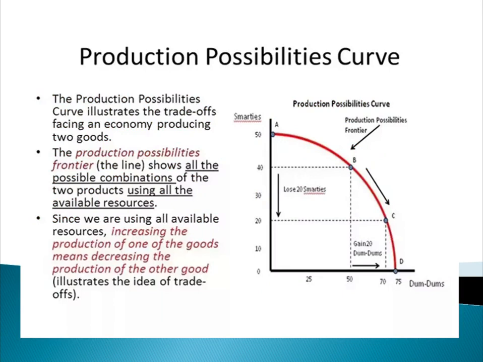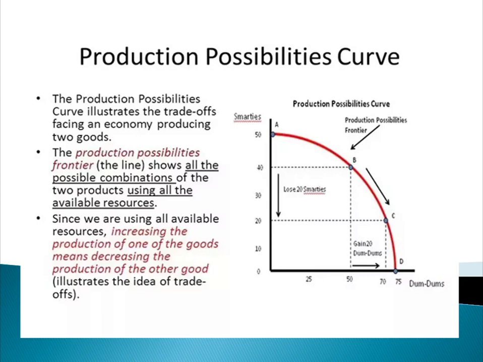Basically, when we draw this curve, this line, it illustrates that the economy is producing two goods, and the possible combinations of the two goods are produced by using all the available resources.